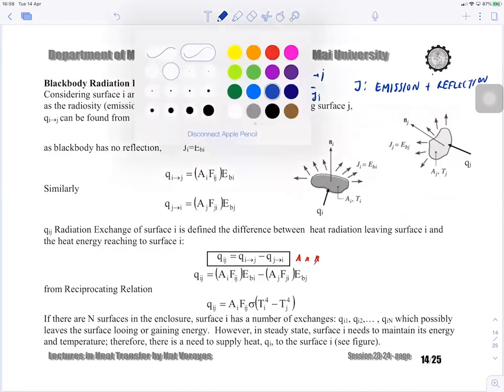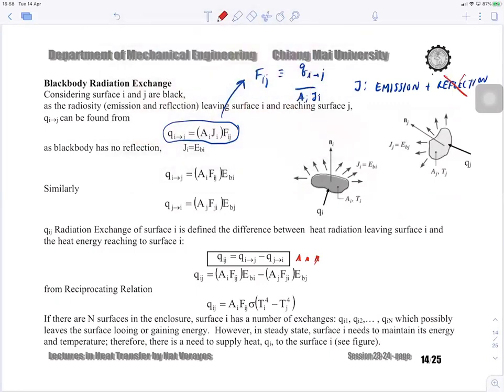For the black body, you don't have a reflection. In black body, we can say no reflection. When black body has no reflection, you're gonna have J equal to emission.